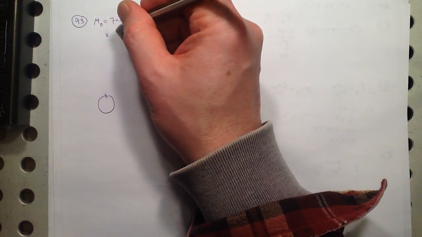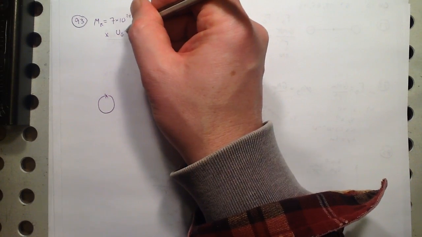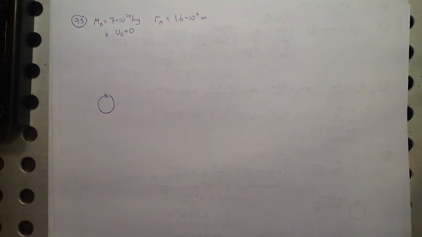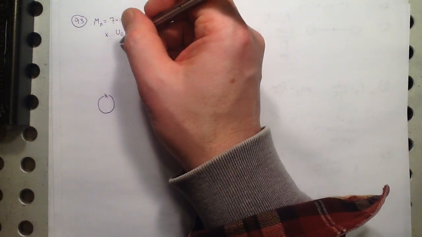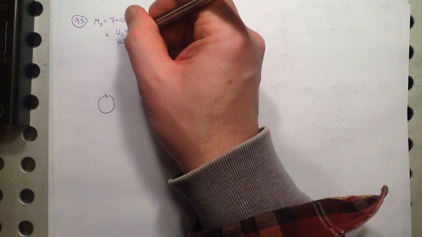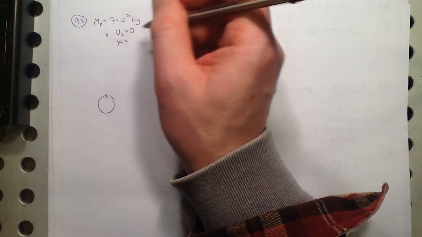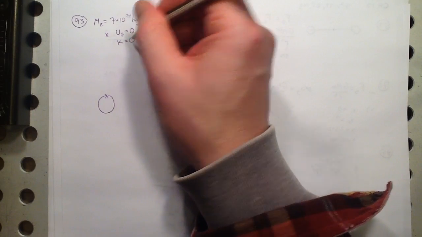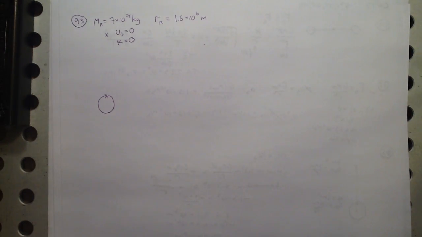So here, if the distance is taken to be infinite, that means, remember, by definition, that's where universal gravitational potential is equal to 0. And it's just barely getting nudged out of its location there toward this planet. So it starts with a kinetic energy also of 0.